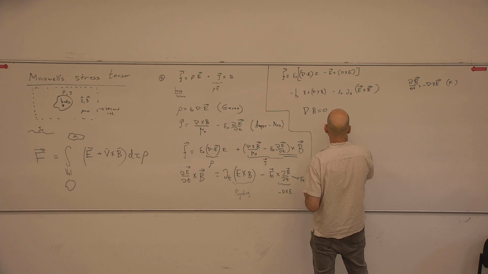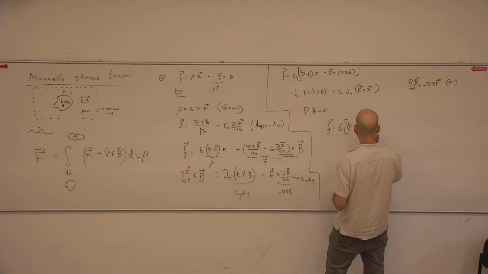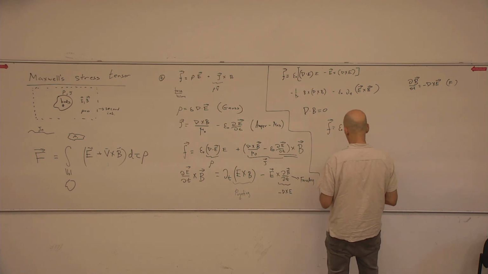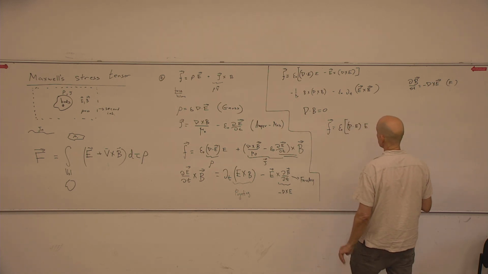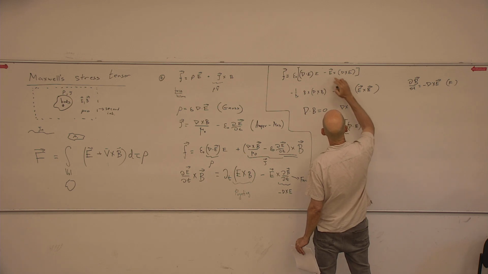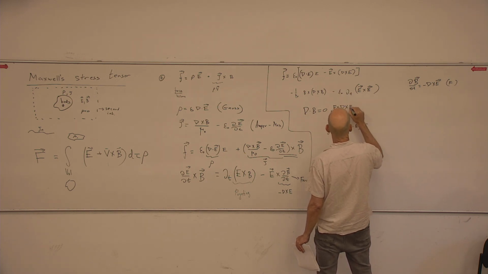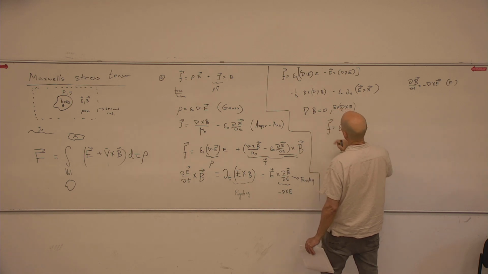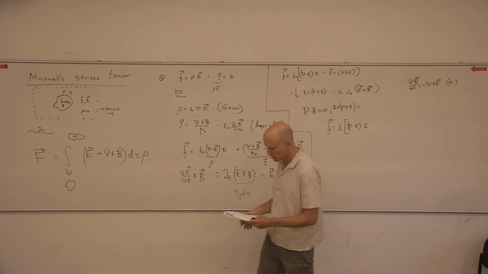F equals the following: epsilon 0 div E. Again, this is simply the density times E. Okay, one second, I forgot. So now, of course, we are left with these crazy objects. For example, this object. And we also have B cross curl B. But this is a mathematical statement.